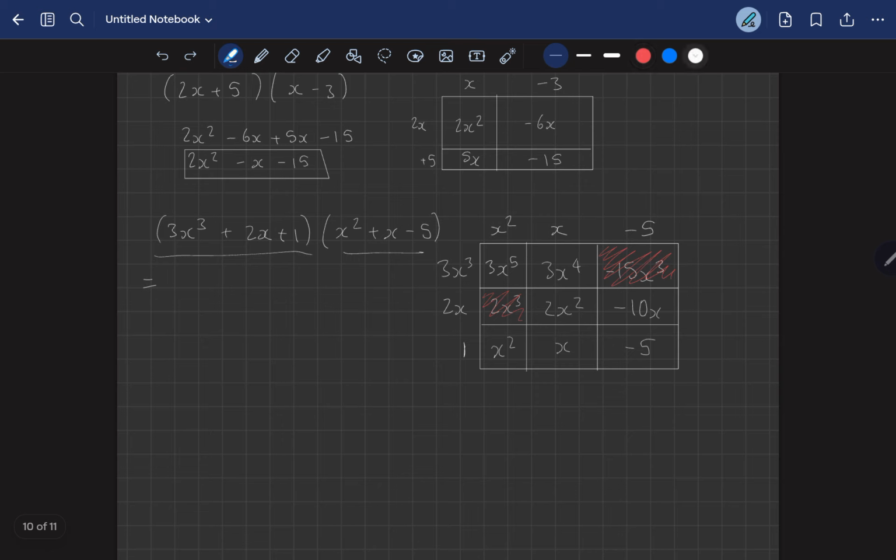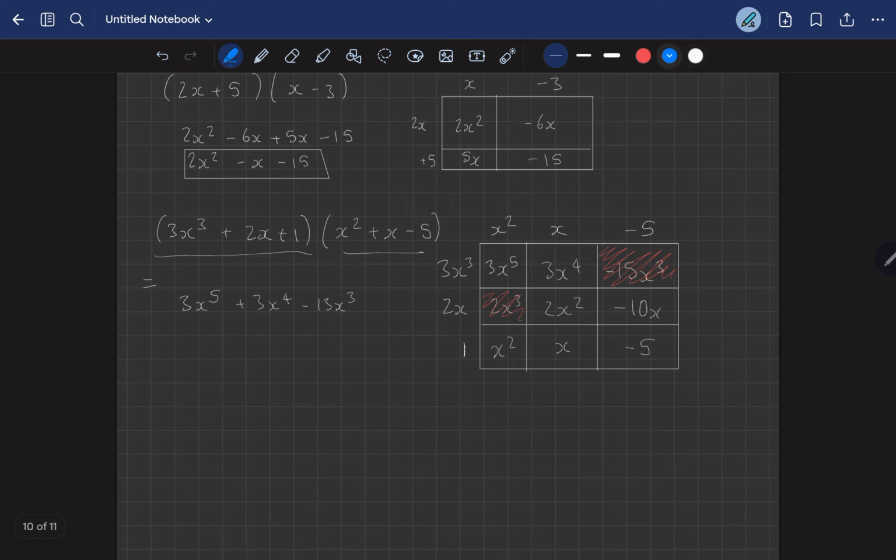But let's first do this. 3x to the 5. Now there's only one x to the 4, so we're doing plus 3x to the 4. And as said earlier, minus 15x to the 3 plus 2x to the 3 is minus 13x to the 3.